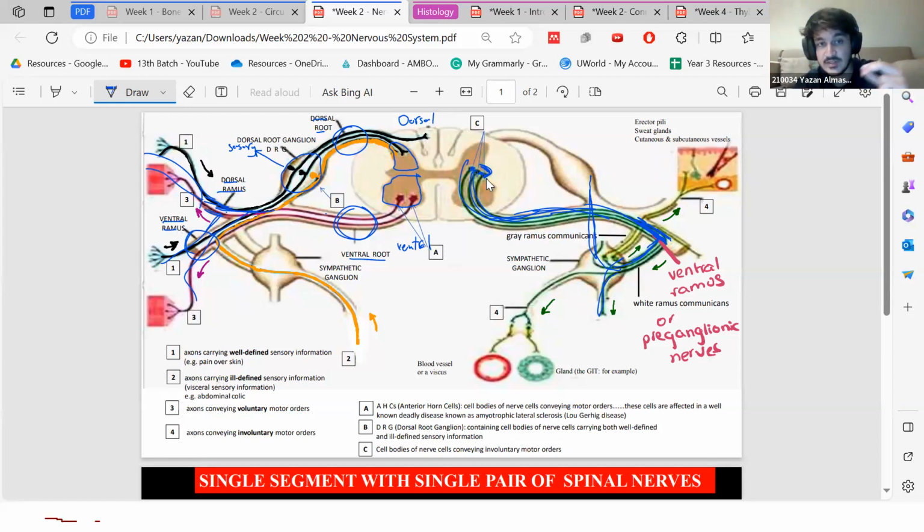So the levels where it's not present, it has to go up or go down to supply these levels. So we have sympathetic supply in the spinal cord from T1 to L2, or what was it? I don't remember. Yes, T1 to L2.